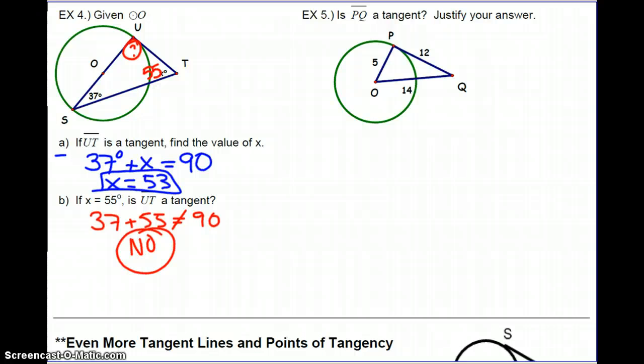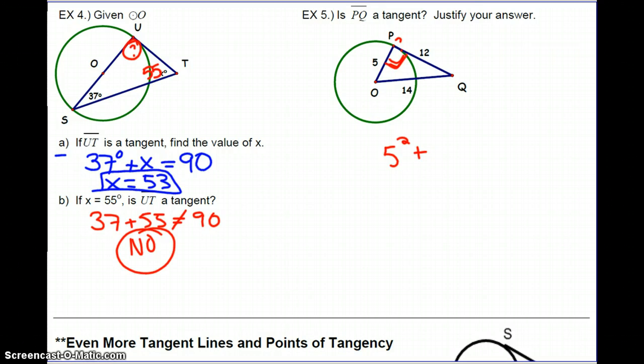Example 5. Pause this video and solve example 5. If PQ is truly a tangent, we don't know this yet, but it would form a right angle with the radius and the tangent line. So we need to see if that blue figure is truly a right triangle. Now when I give you all three sides to see if a triangle is right, we use the Pythagorean theorem to test.